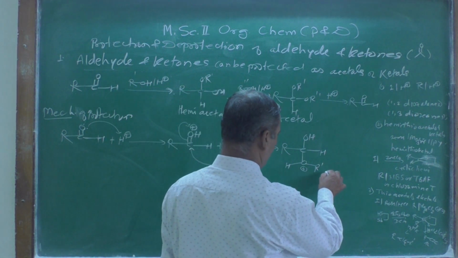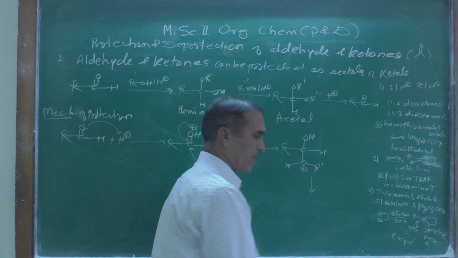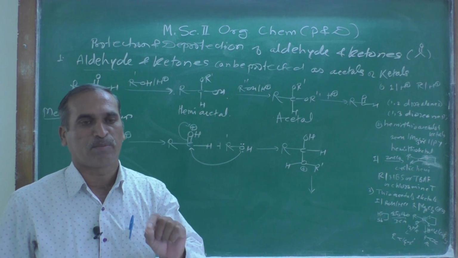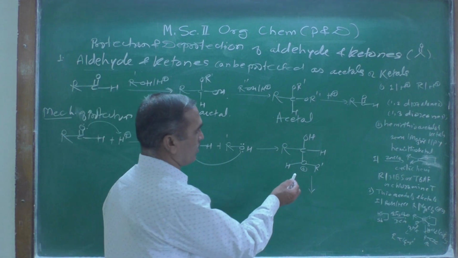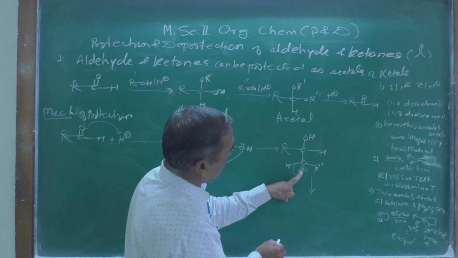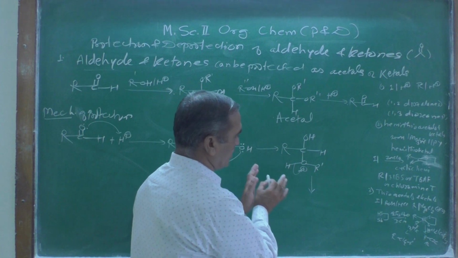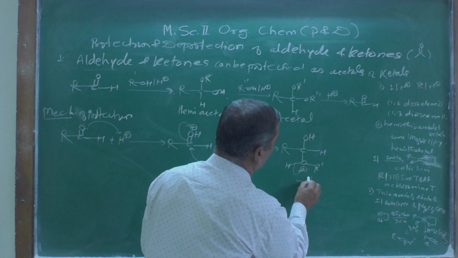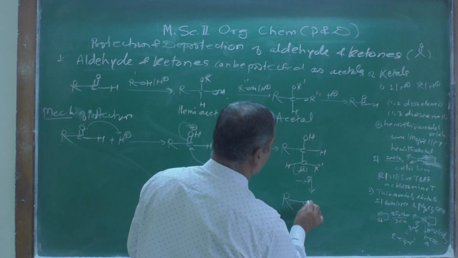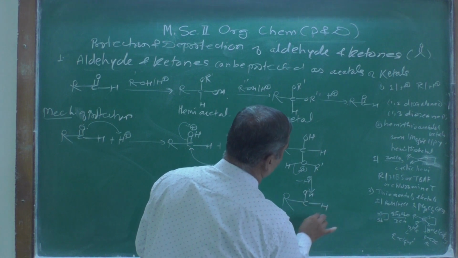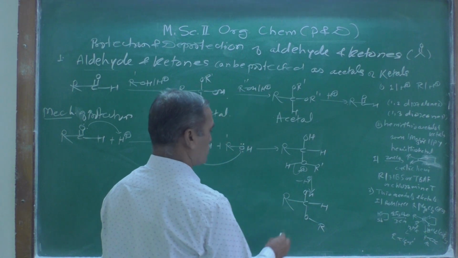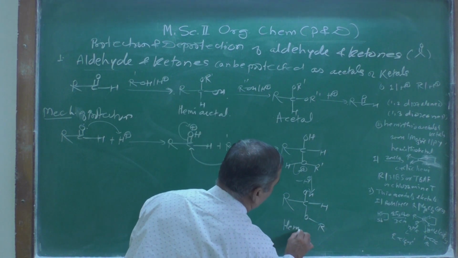And as we know, if the heteroatom carries the positive charge, that species becomes highly unstable. It tries to stabilize by losing the proton, and you are going to get the compound RC OH, then this H, then O R dash. This species is known as a hemiacetal, right?